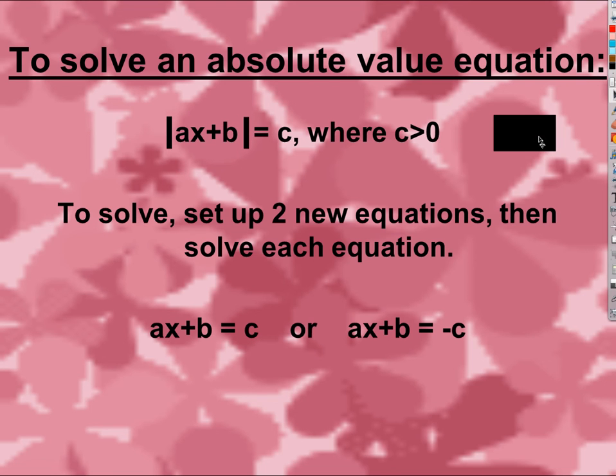We're going to set that stuff equal to C or negative C, and that's a really key trick, because now I've traded away all that absolute value weirdness for two regular equations that are easy to deal with. That, in general, is our goal when we're dealing with absolute value equations and inequalities. We want to trade the absolute value equation or inequality for two normal equations or inequalities that we can deal with like we always have.